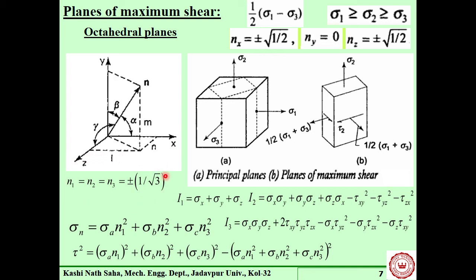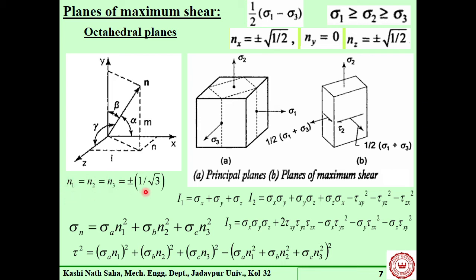That means when our state of stress is expressed in principal stress direction, is it okay? So this xyz is not the initial xyz direction from where we started our analysis. Now this is oriented along principal stress direction, and with reference to that direction, we consider a plane whose outer normal is given by these direction cosines.